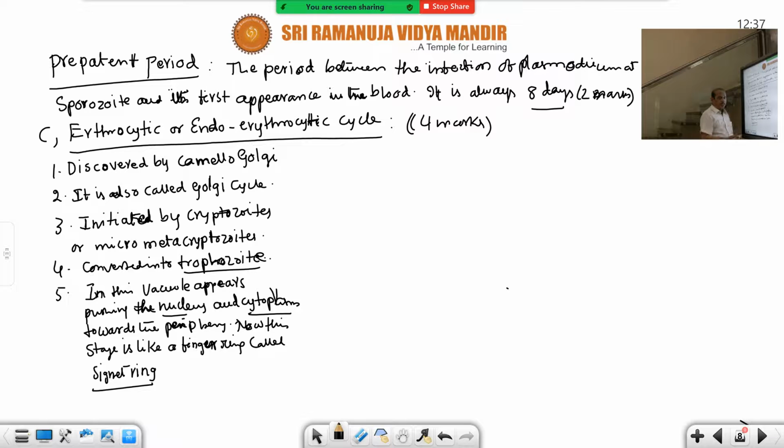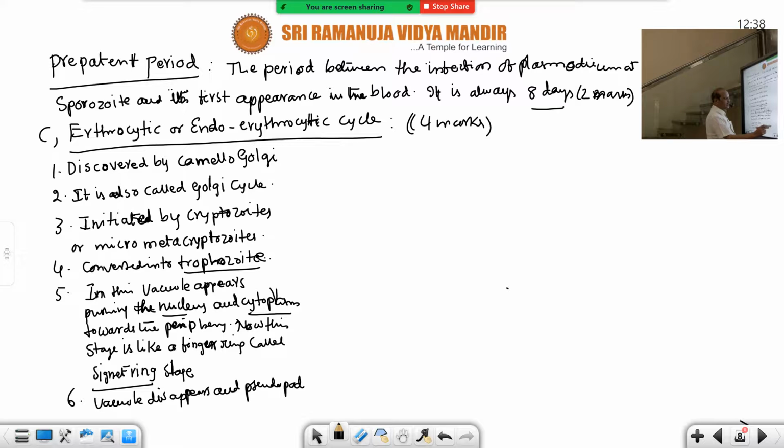The number of stages and the correct sequence of stages in the erythrocytic cycle is also often a question. So this is the signet ring stage, the second stage. Then the vacuole disappears. In this, the vacuole forms, then the vacuole disappears and pseudopodia are developed.